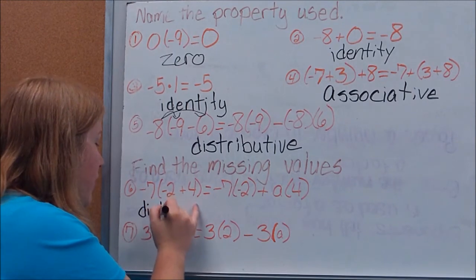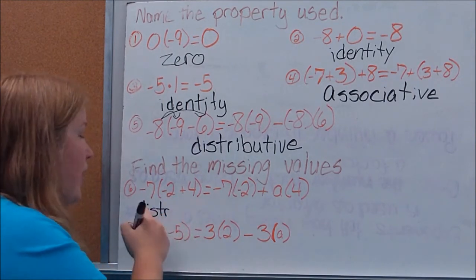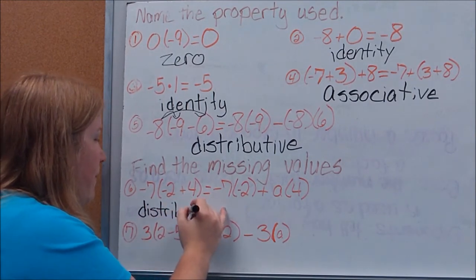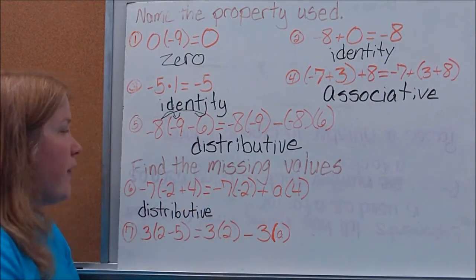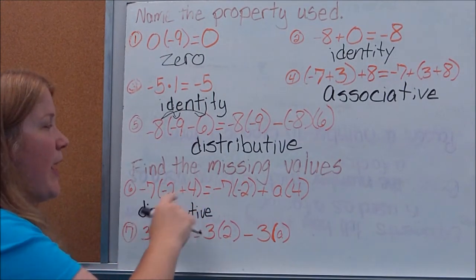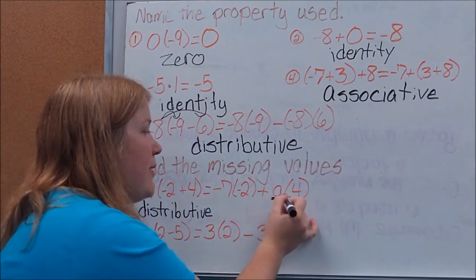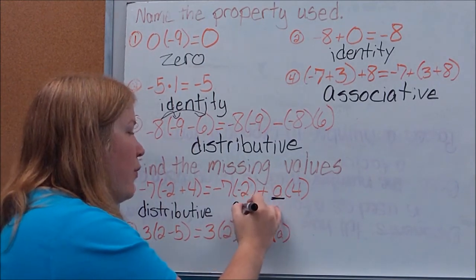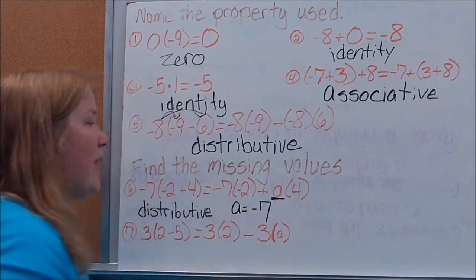This is not what I want us to write, but I'm just helping you figure this out. Distributive. So the distributive property tells me I'm taking the 7 and multiplying it by both factors. So this missing number would be my -7 that was on the outside.